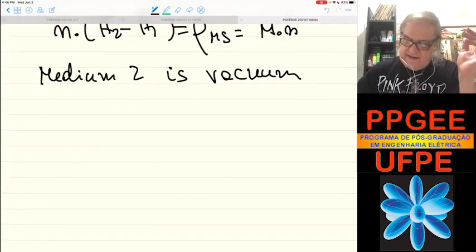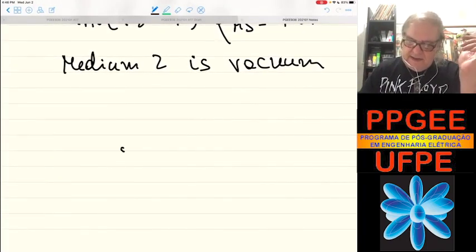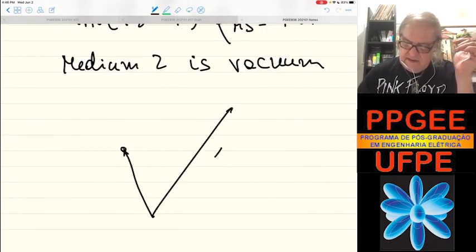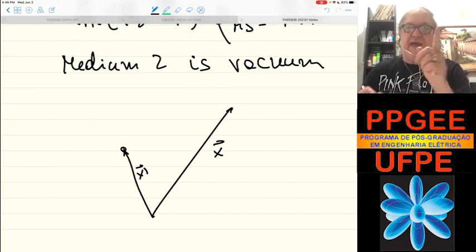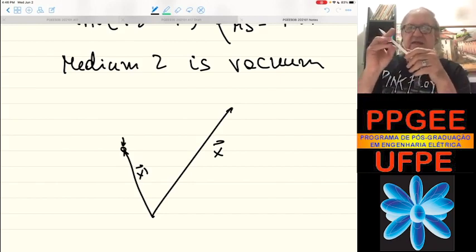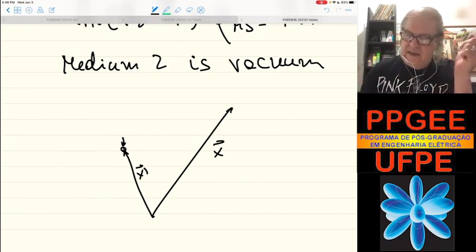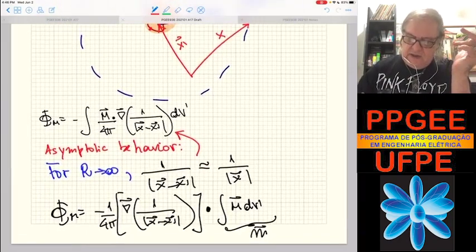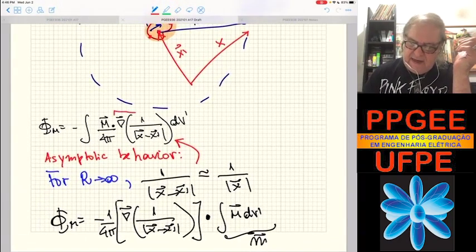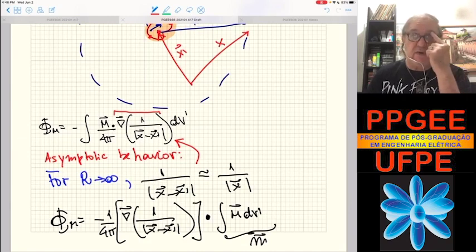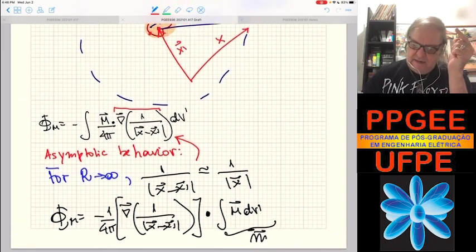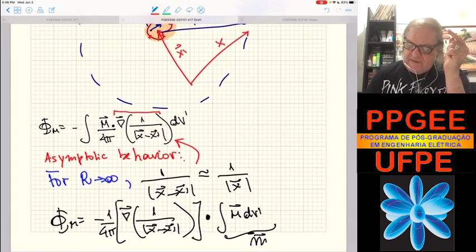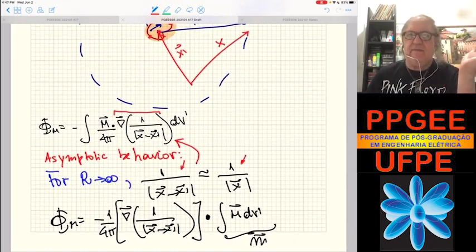Let me make an exaggerated picture here. This is the volume, right? So I'm changing x prime in the integral, but x prime doesn't move around if x is very large. So x prime doesn't change at all. So this nabla here can go out of the integral. So it's as if the inverse function was simply 1 over magnitude of x.